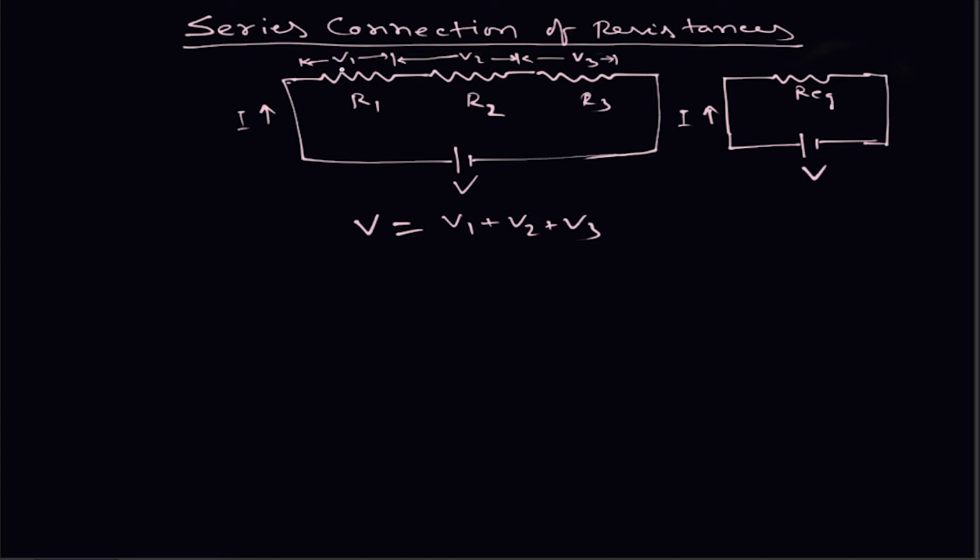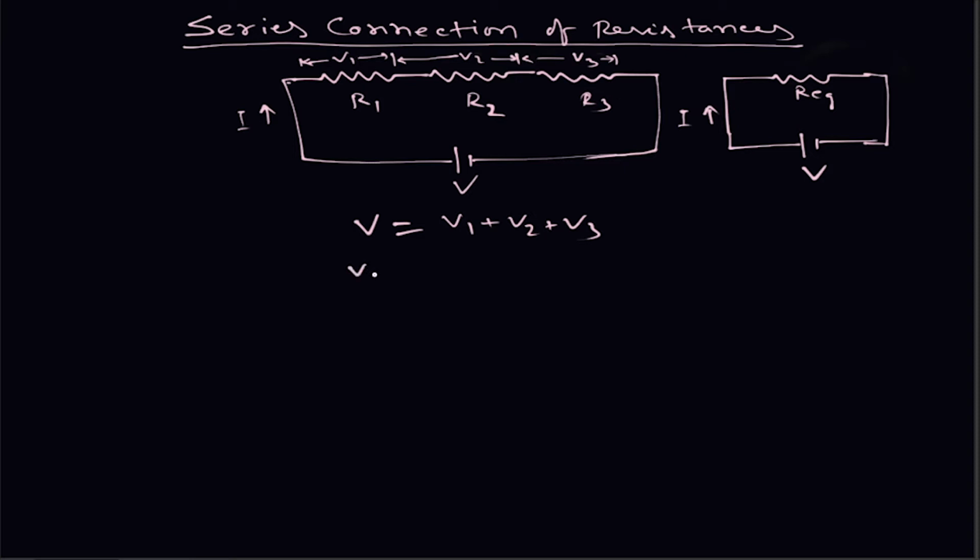Now what is the relationship between V1, I and R1? All these resistances will also obey Ohm's law. So V1 is equal to IR1, V2 is equal to IR2, because the same current I flows through all the resistances, and V3 is equal to IR3.